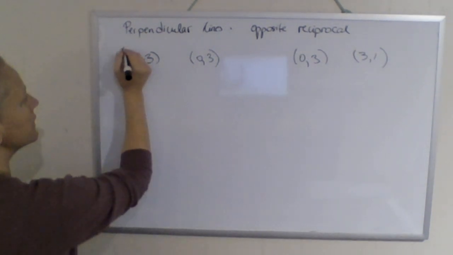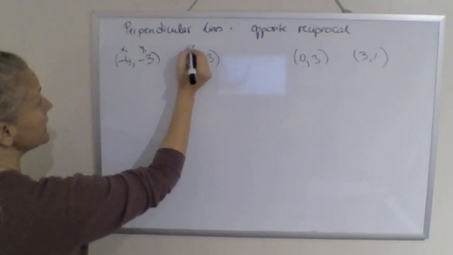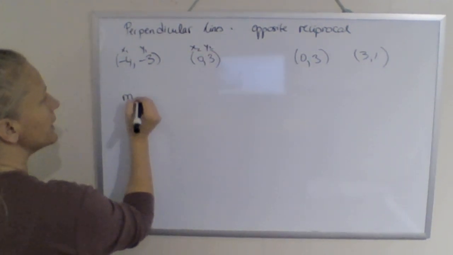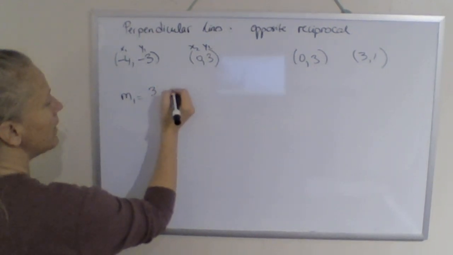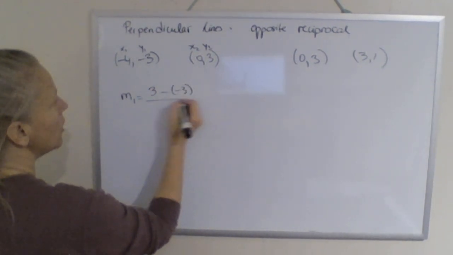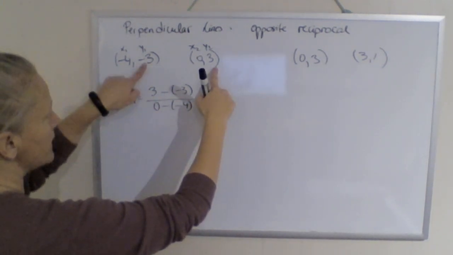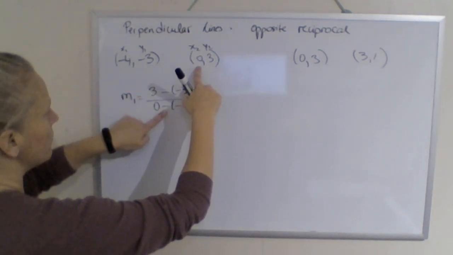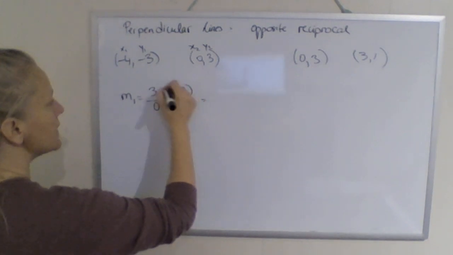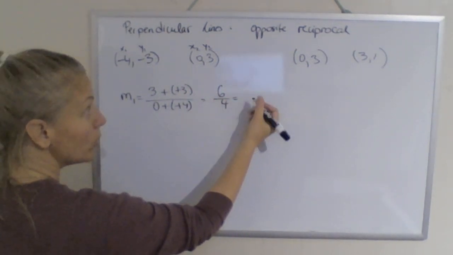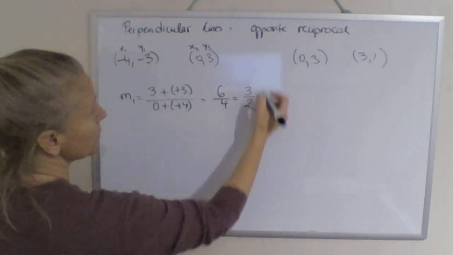Well, again, I'm sorry, Talia, if you're watching this, you have to do this. My slope 1 is 3 minus minus 3 all over 0 minus minus 4, right? 3 minus minus 3, 0 minus minus 4. This is a plus, this is a plus, this is 6 over 4 or 3 over 2.